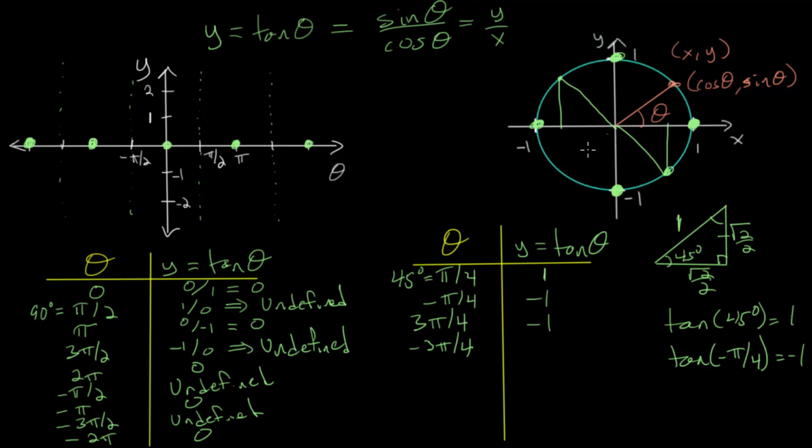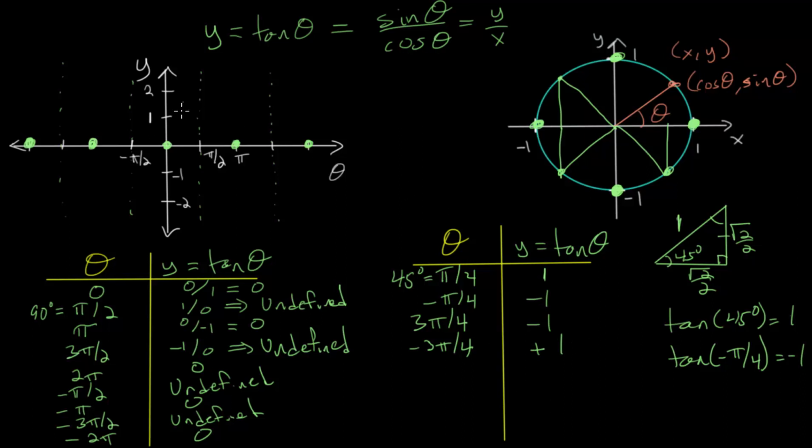But when we're down here at minus 3 pi over 4, or alternatively, we could count it positively and go to 5 pi over 4, this triangle would have the x value and the y value negative. So when we take the ratio, we would get minus root 2 over 2 divided by minus root 2 over 2, and that would result in positive 1.